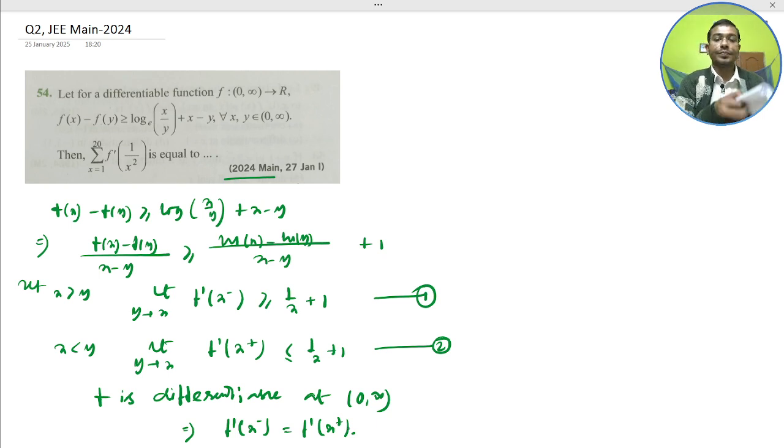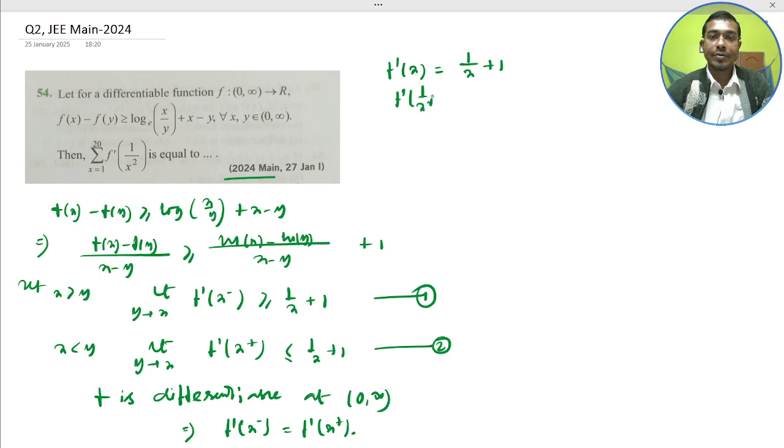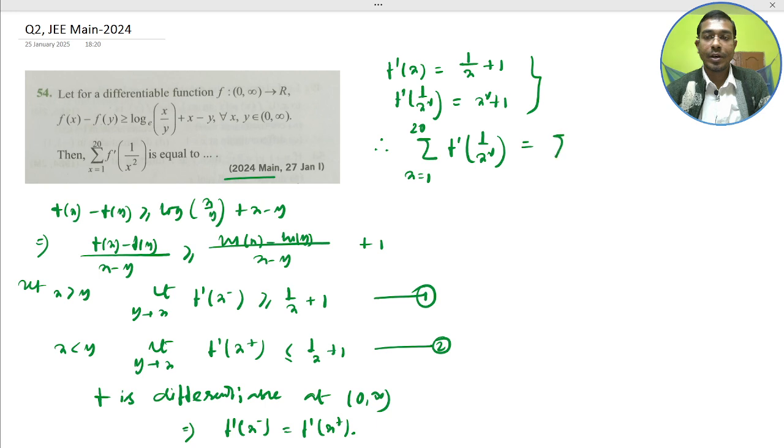So now f dash x equal to what? 1 by x plus 1, and f dash of 1 by x square equal to what? X square plus 1. Just put this value. So you have to find the sum x from 1 to 20 of f dash of 1 by x square. That equals summation x from 1 to 20 of x square plus summation of 1.